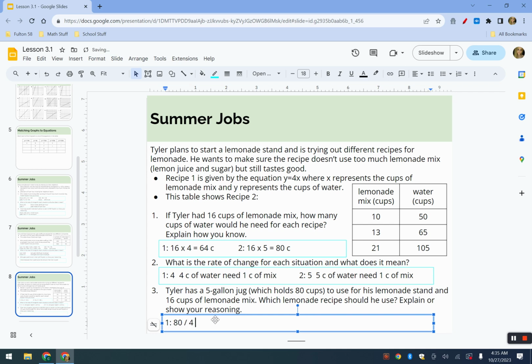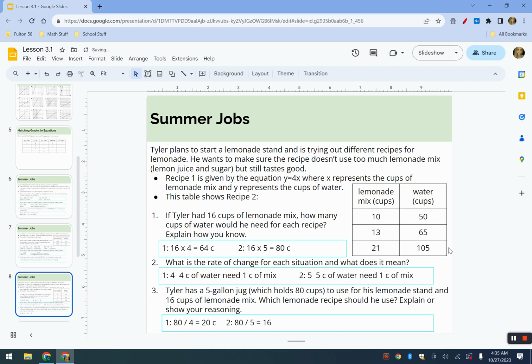So 80 divided by 4 is going to be 20. And then for recipe 2, we're going to do 80 divided by 5. And that's 16.